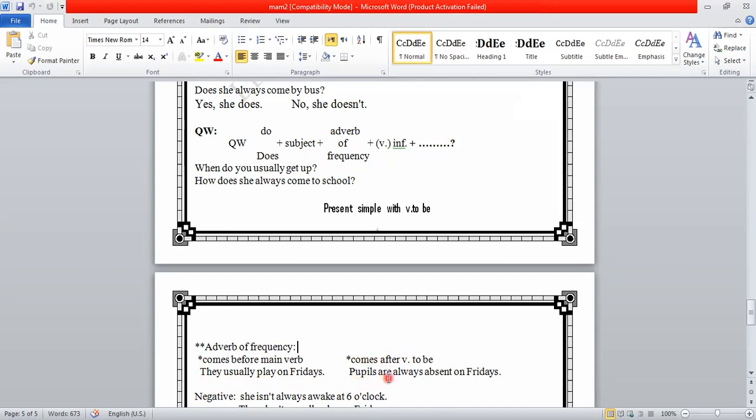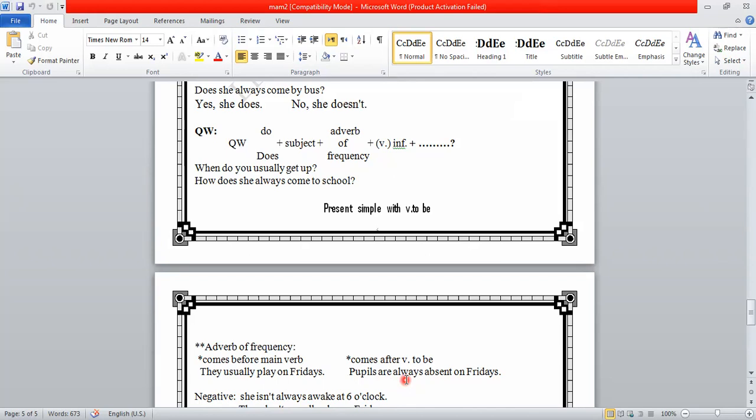Pupils are always absent on Fridays. Pupils are always absent on Fridays. Then we put first are as the verb to be in present simple. Then we put the adverb of frequency, here is always.